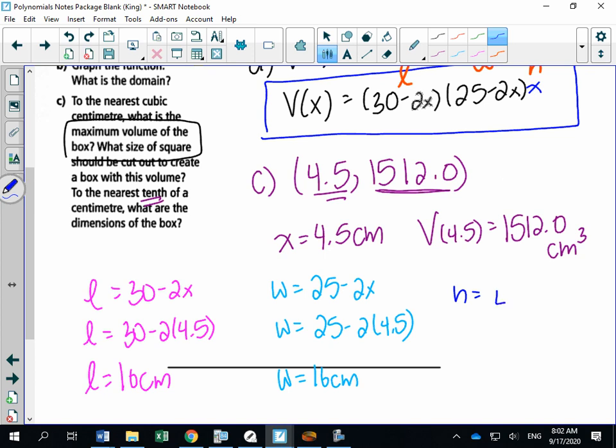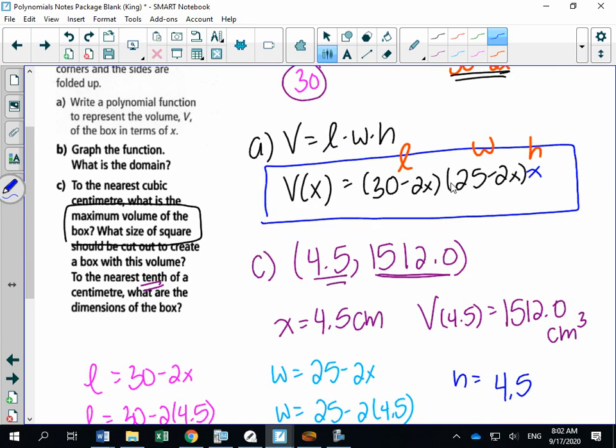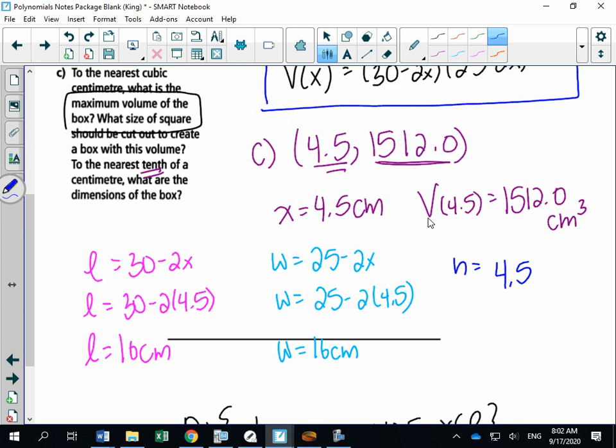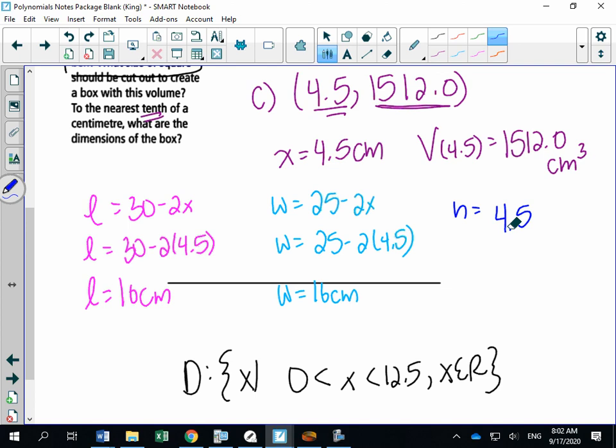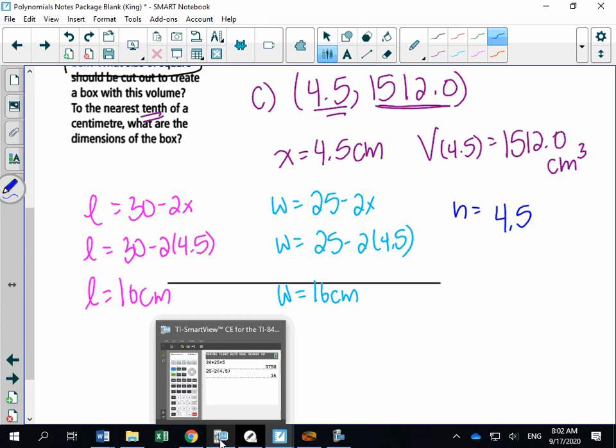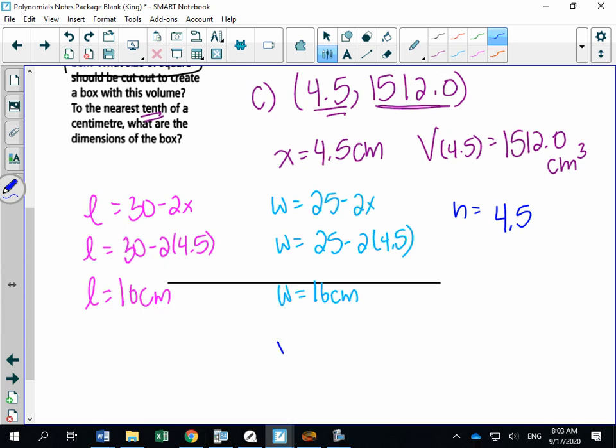Okay, let's check. So if I cut out that side length of 4.5, let's type in length times width times height, and let's see if we get 1512. So just let me erase this. So going back to our calculators, we're going to type in the volume of our box as length times width.